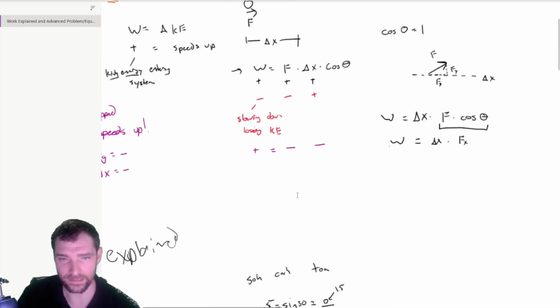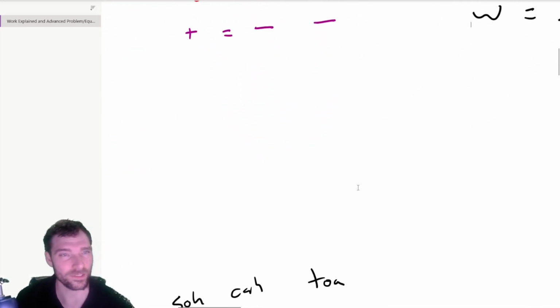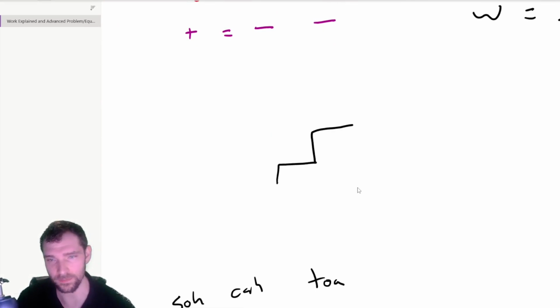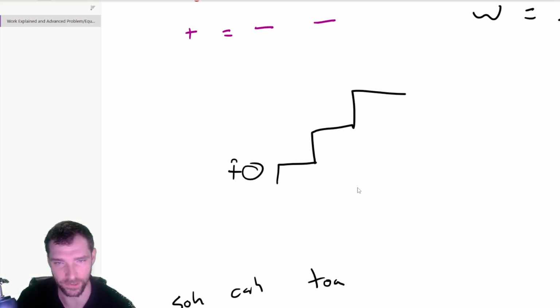Also keep in mind there's one other situation where, if you are walking up some steps and you've got some ball that you're carrying, there's some person carrying this ball and they're bringing it up to here, and this was its initial position.